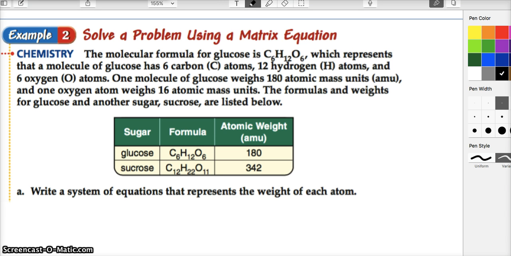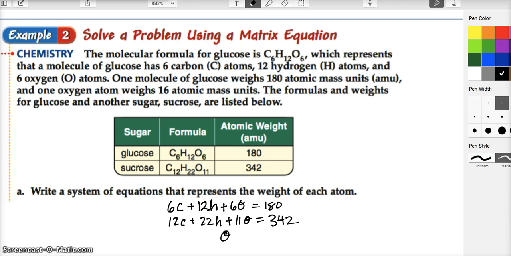The system would be 6 carbons plus 12 hydrogens plus 6 oxygens equals 180, and then 12 carbons plus 22 hydrogens plus 11 oxygens equals 342. When I see a system with 3 variables, I want 3 equations, and we do have one in here: we were given the fact that oxygen is equal to 16.